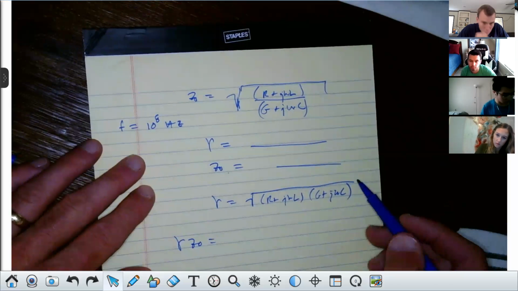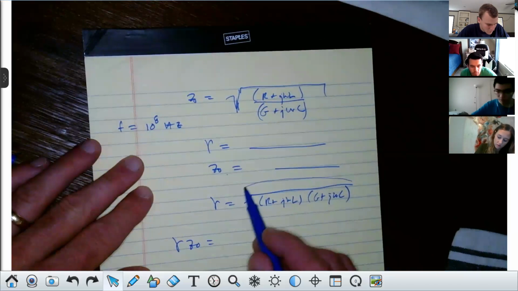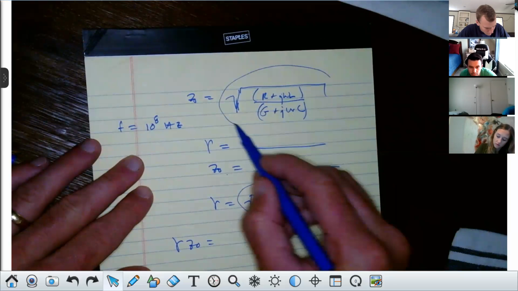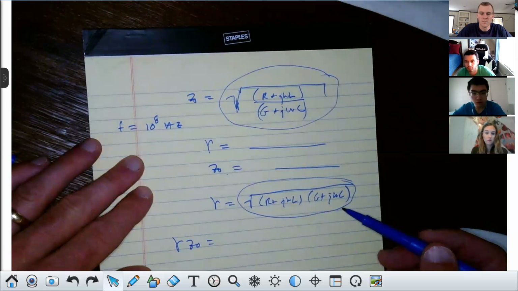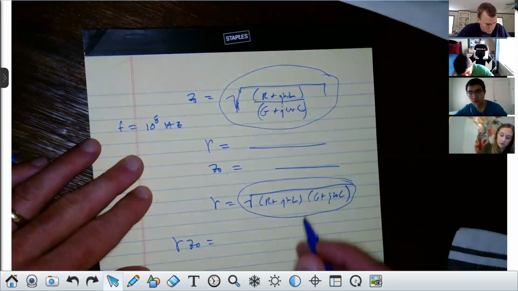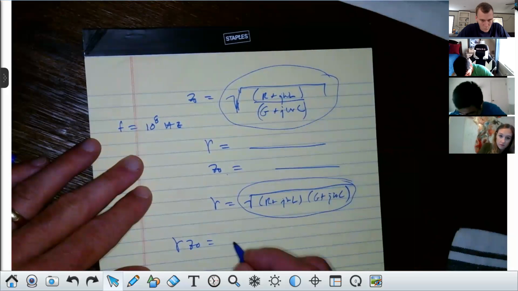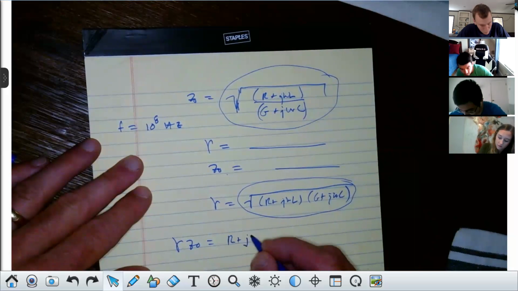When I multiply this by this, can you see that the G plus J omega C terms cancel? I want everybody to see that. So if I multiply these two together, I really have just R plus J omega L. Do you agree with that?